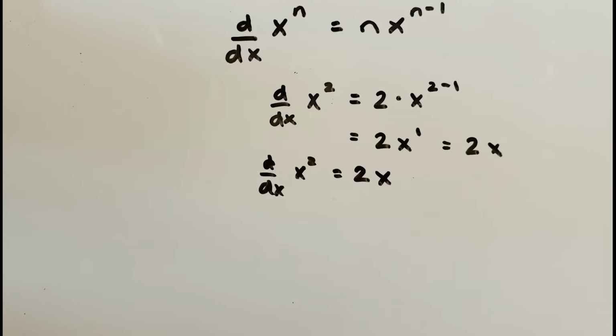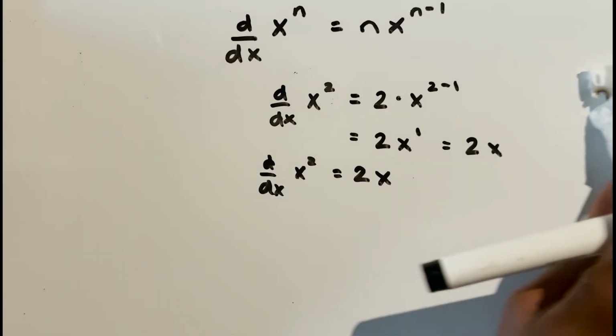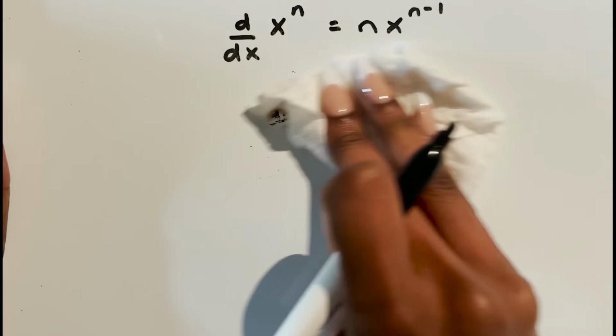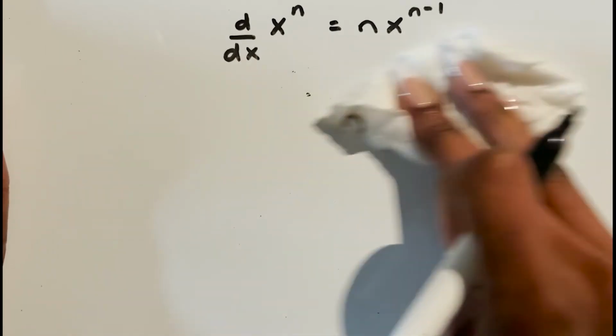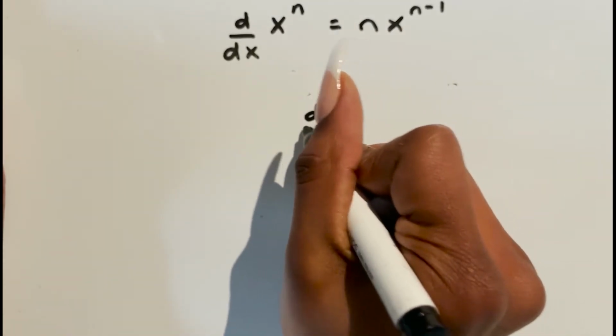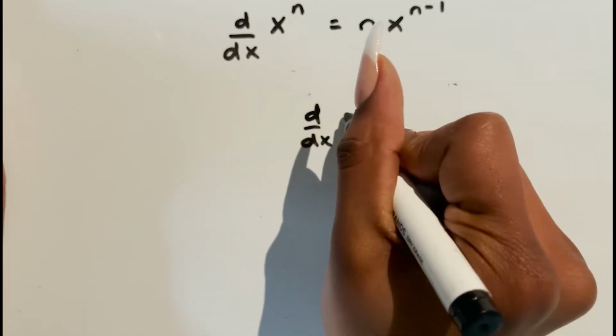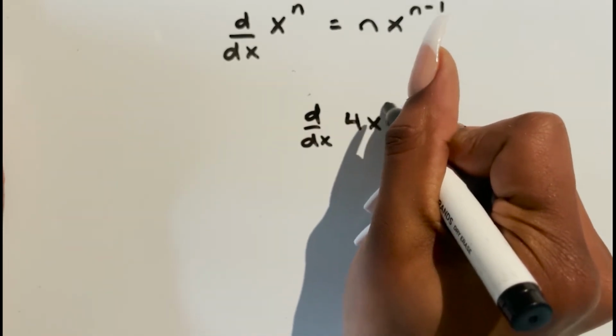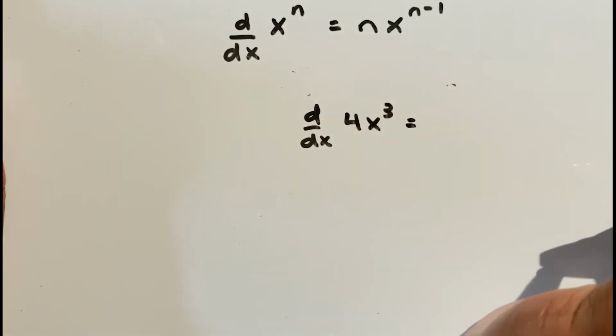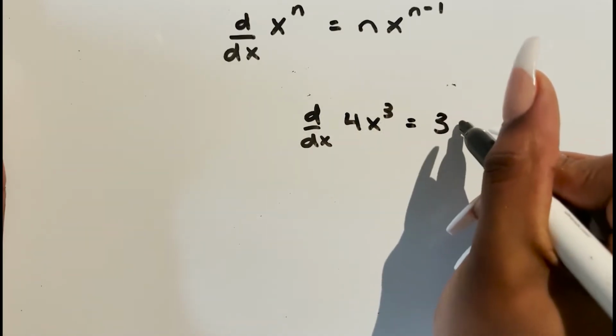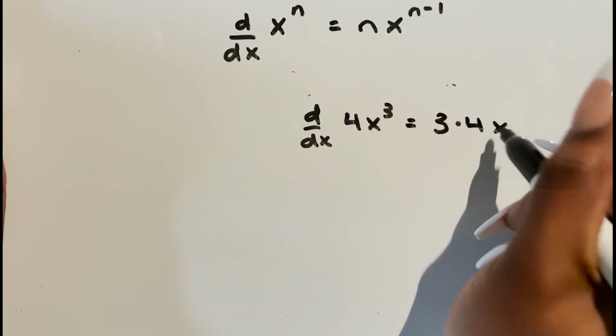So this is how we use the power rule formula to find the derivative of a variable being raised to a constant. Let's take a look at another example. Let's take the derivative of 4x cubed. Following the formula, we'll bring the 3 to the front and multiply it times 4x.